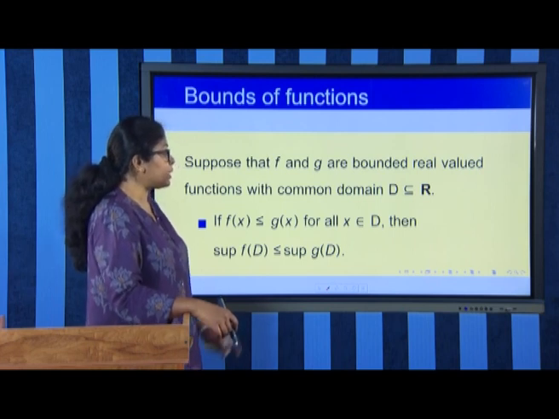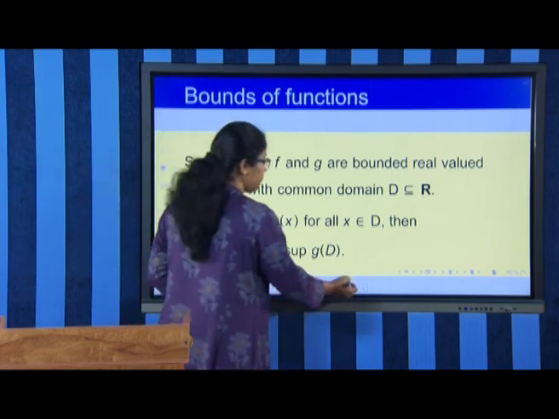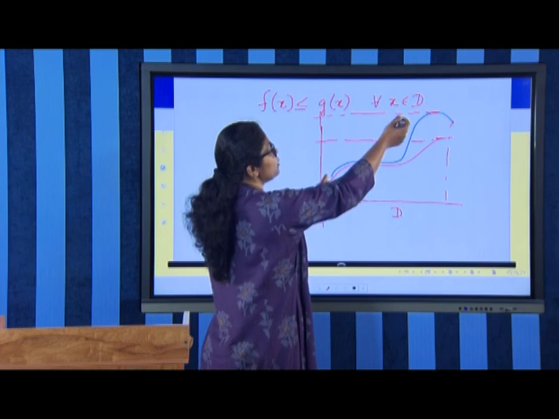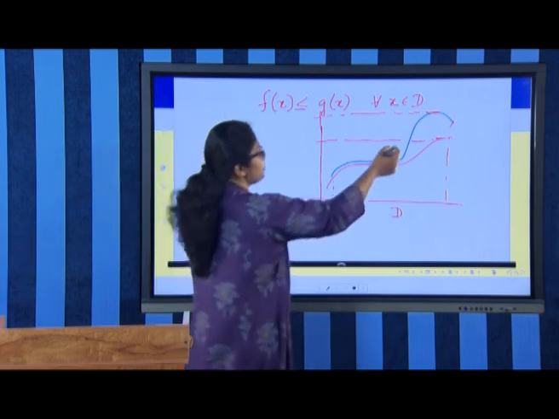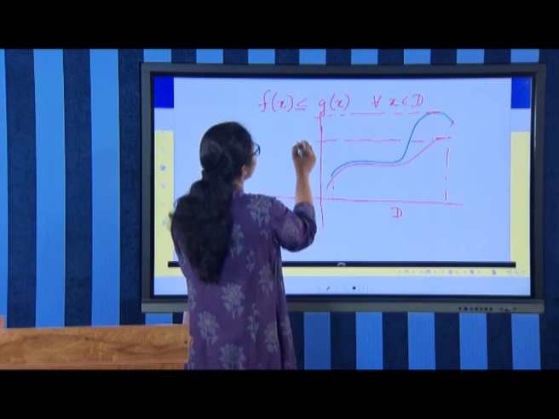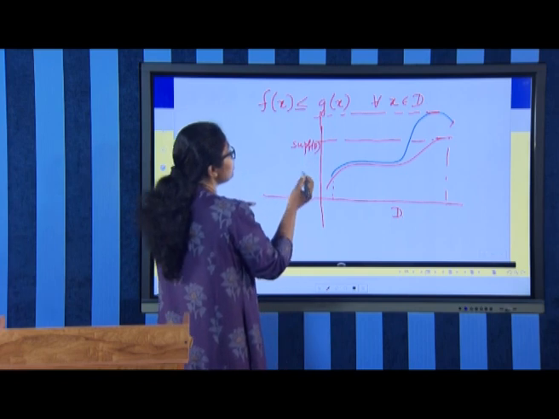But this does not guarantee that the infimum of g is higher than the supremum of f. So, here if you take the supremum of f of D, this is the supremum of f of D. Where is the infimum of g?